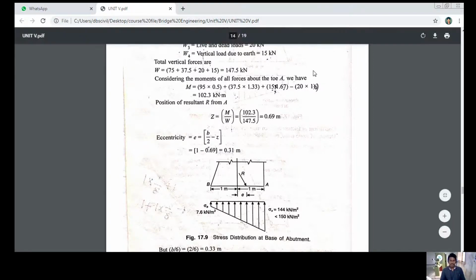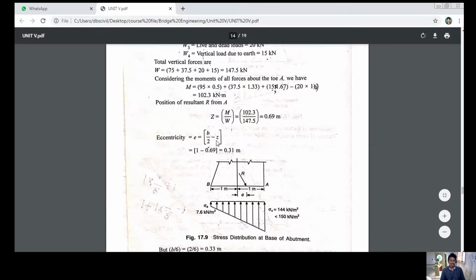The position of the resultant from A is the total moment divided by the total vertical force, which is 0.69 meter. The eccentricity e would be B by 2 minus z, which is 1 minus 0.67.